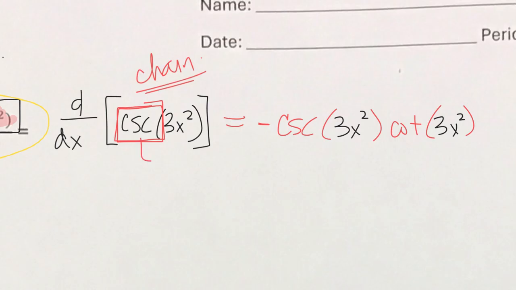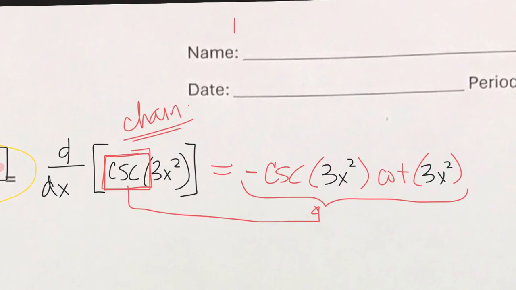All of this is just the cosecant part of your chain rule. The derivative of cosecant is negative cosecant times the cotangent. And we got that by using the quotient rule for 1 over sine. We took the derivative of 1 over sine, because that's the reciprocal of cosecant, and we came up with negative cosecant times the cotangent.